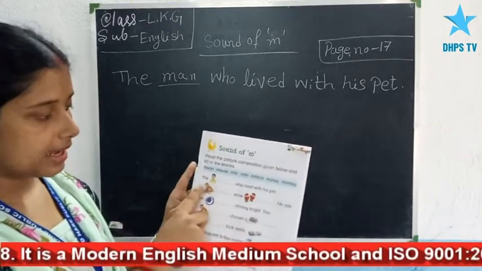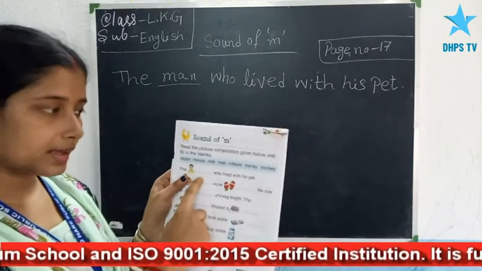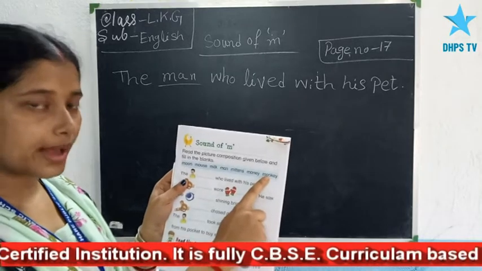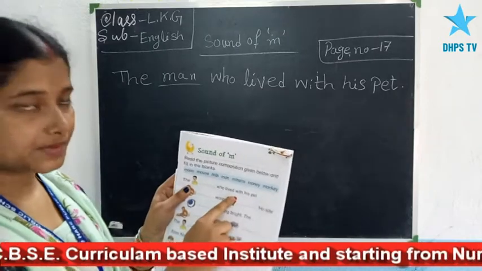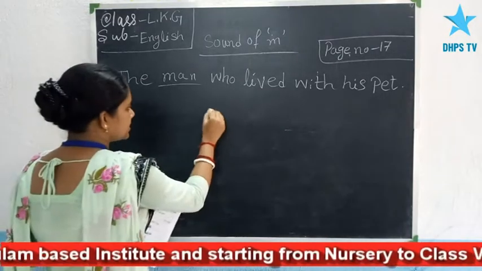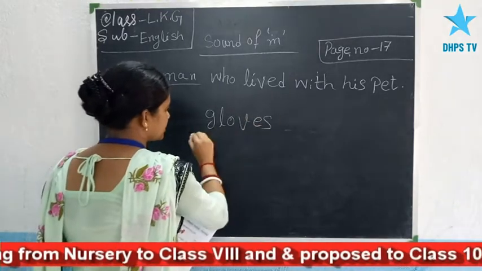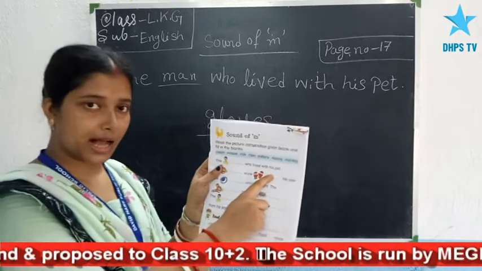Then this is a picture of a monkey, so just write here monkey. You can see the spelling of monkey, M-O-N-K-E-Y, monkey. So the monkey wore gloves, and the gloves spelling is G-L-O-V-E-S, gloves. So just write here gloves.